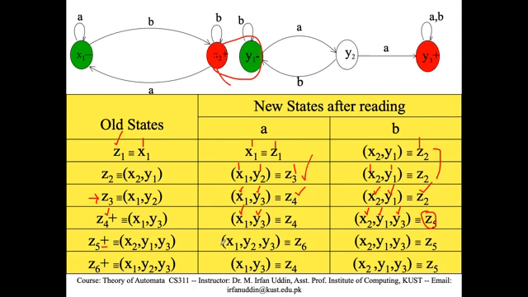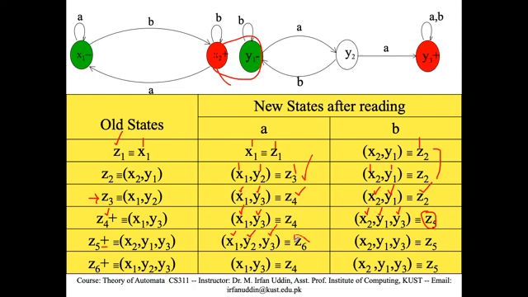Now Z5 is X2, Y1, Y3. At X2 reading A, we go to X1. At Y1 reading A, we go to Y2. At Y3 reading A, we go to Y3.